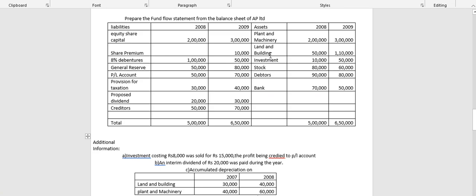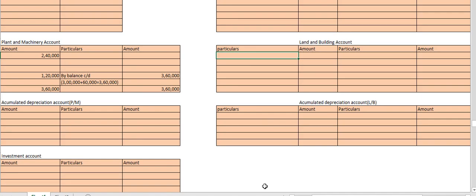In your land and building account, your opening balance is 50,000 and your closing balance is 1,10,000. You have your accumulated depreciation to be 30,000, and for the next year it is 40,000. So you will add your opening balance with the accumulated depreciation for the previous year, and you will add your closing balance with the accumulated depreciation of the current year.